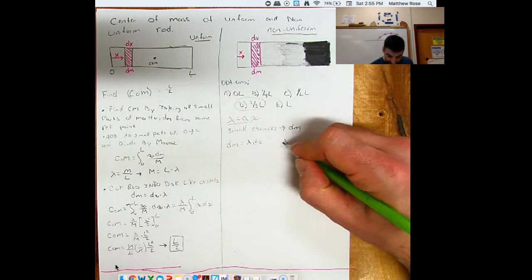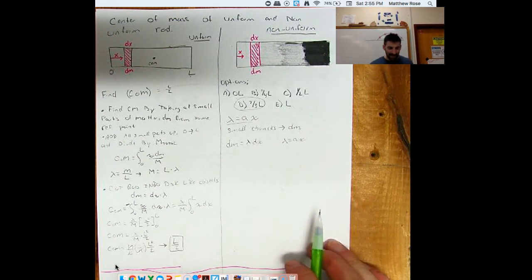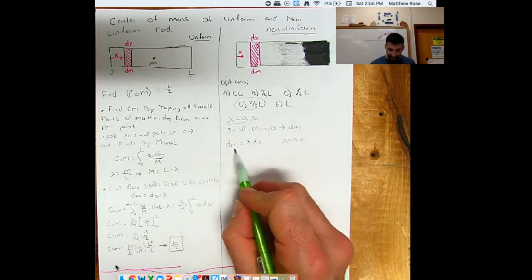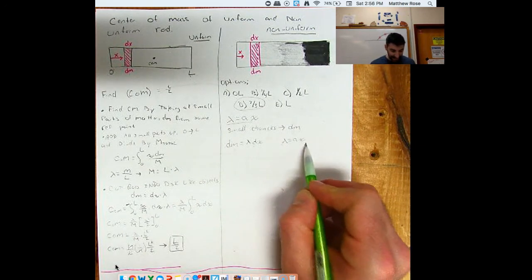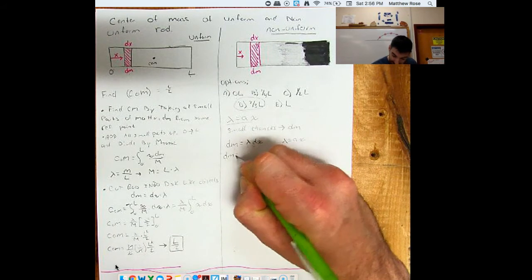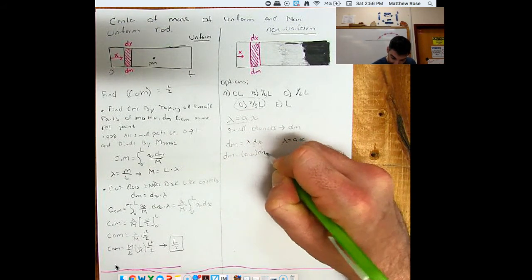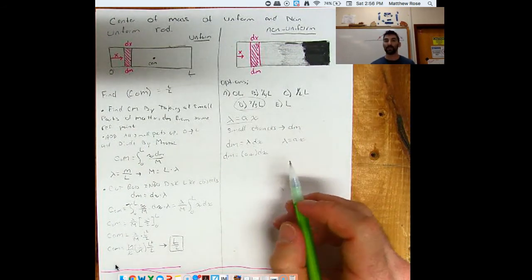Lambda is actually equal to ax. This may be a little bit easier, right? If dm is lambda dx and lambda is a times x, that means I can sub in: dm is equal to ax dx. How is that helpful to us now?